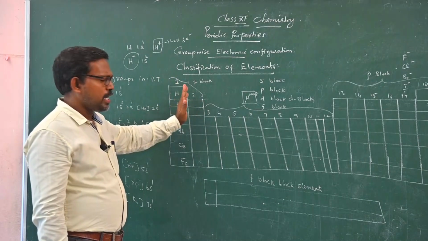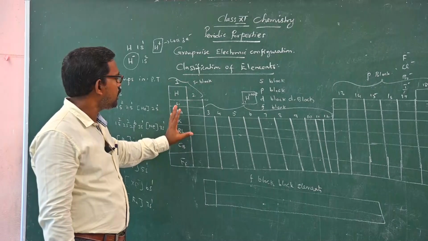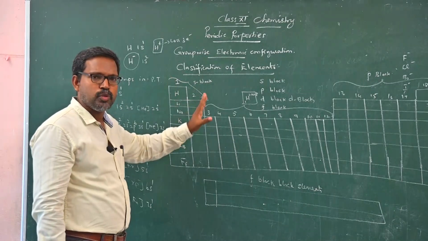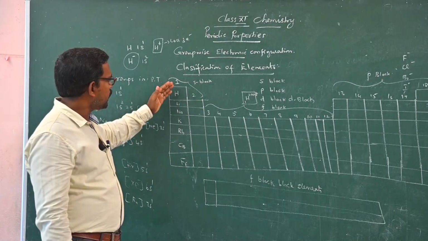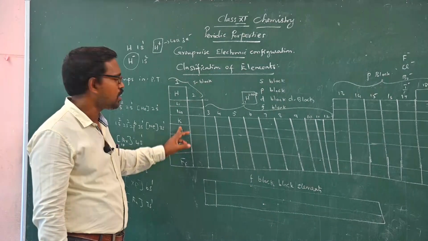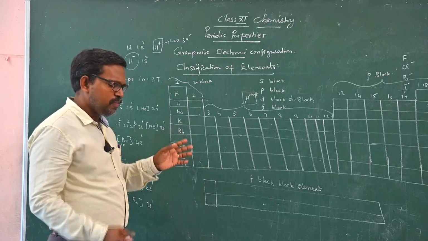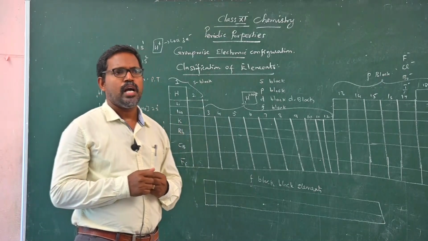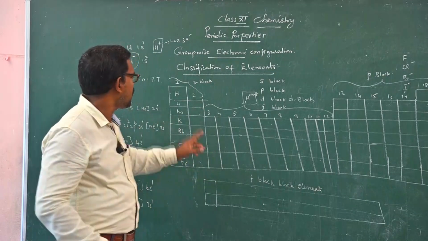These are present at the extreme beginning of the periodic table. They are highly reactive metals, and some of the elements form colored ions. They readily lose one electron from their valence shell.